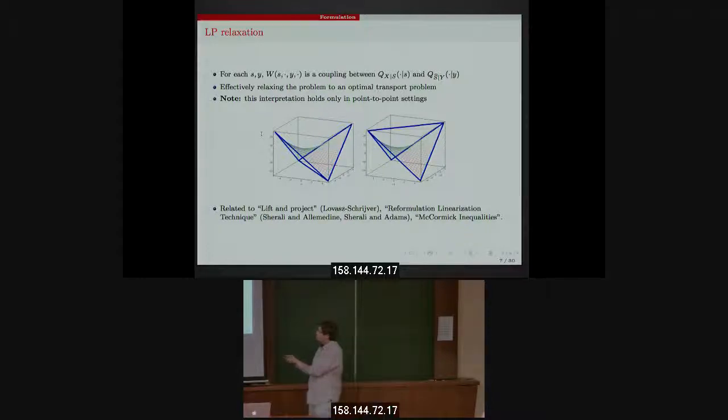Effectively what happens is for each S and Y, this W is actually a coupling between Qx given S and Qs hat given Y. So what we've done is effectively relax the problem to an optimal transport problem for each Qx given S and Qs hat given Y. However, note that this interpretation holds only in the point-to-point setting.